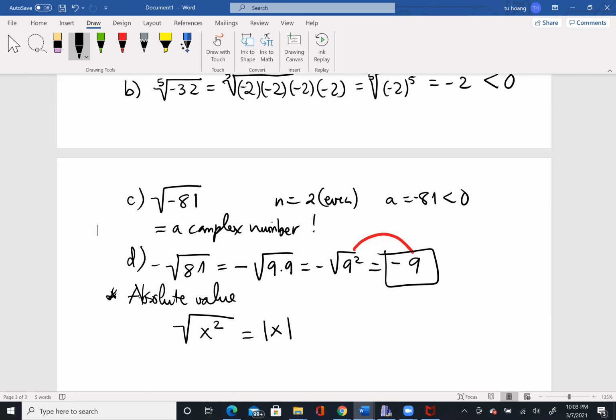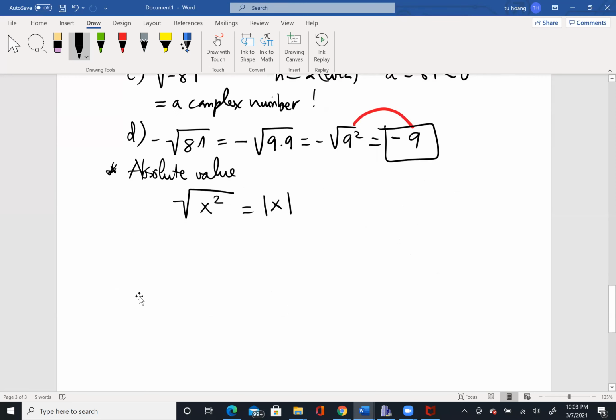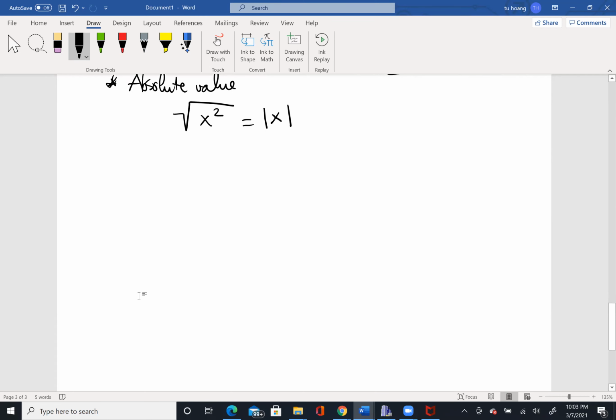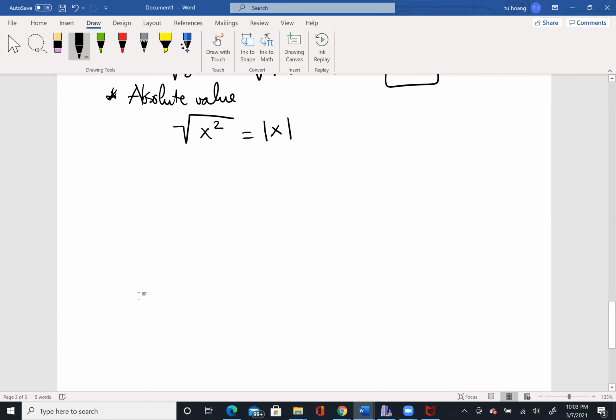Remember from the previous section, I talked about the equation of absolute value of x. Let's say an example: if I have the absolute value of x equal to, say, 3, then I'm going to have two solutions: x equal to 3 or x equal to negative 3, right?